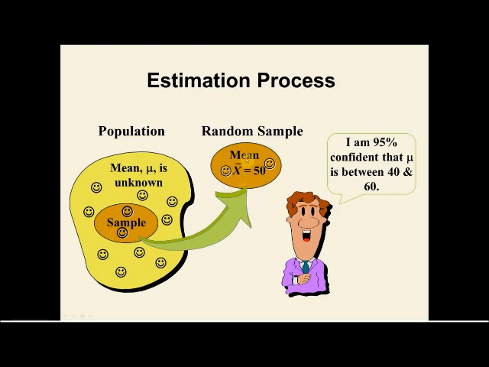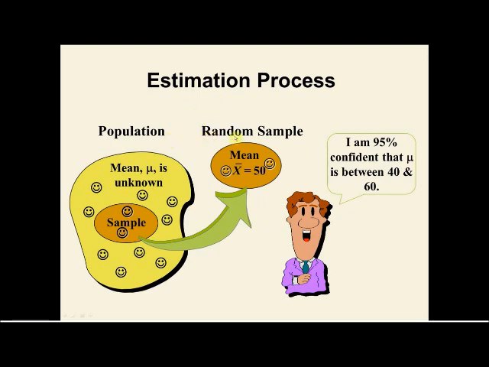From that sample, we do a computation or a statistic that is somehow related to the thing that we're interested in. And the question about estimation is how good of an estimate or an approximation is that sample to the thing that's unknown. So we call that the estimation problem.